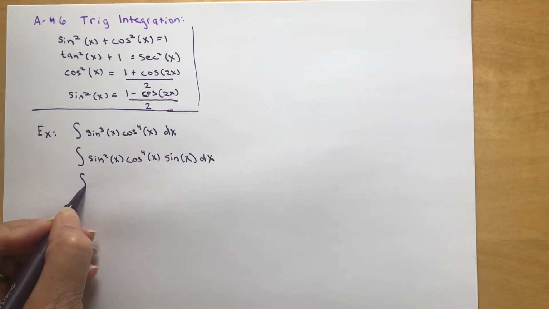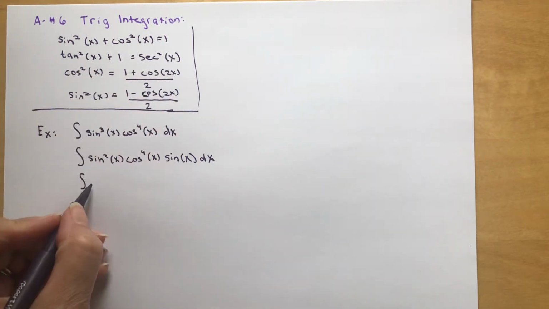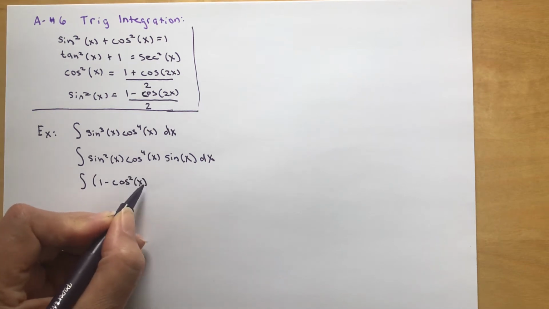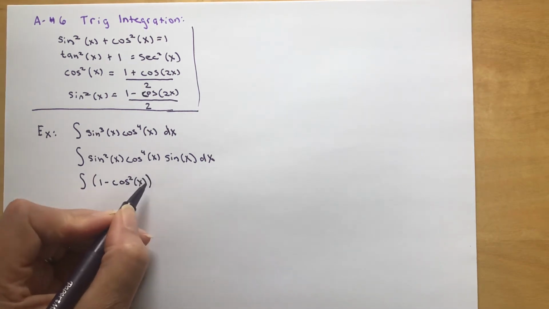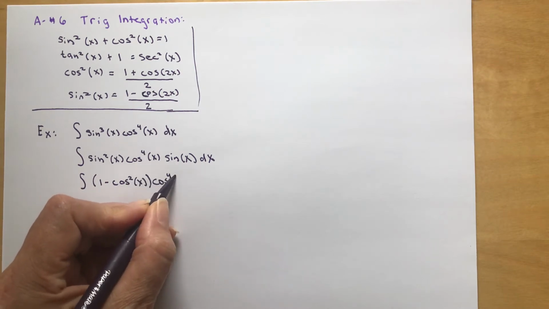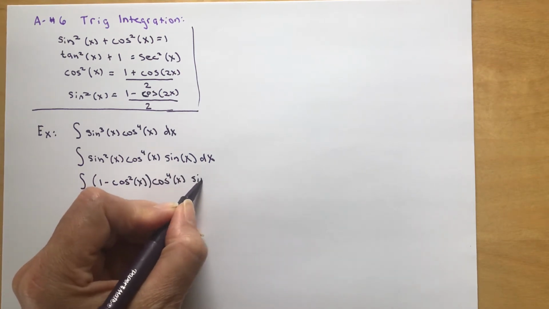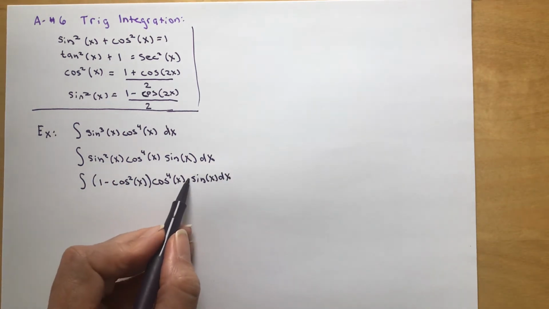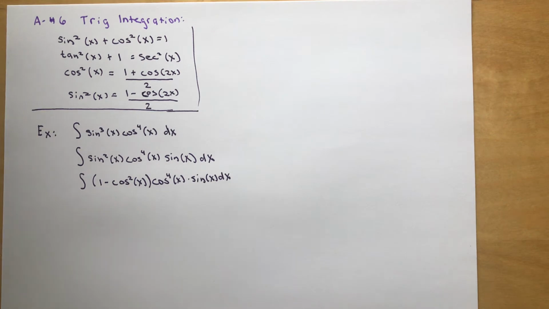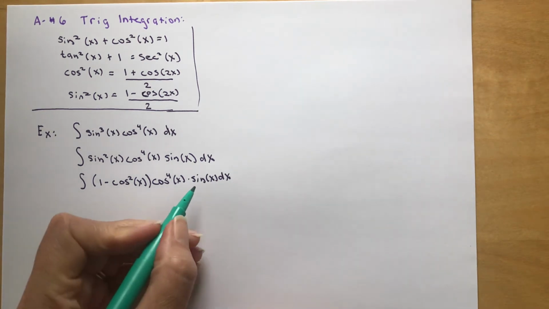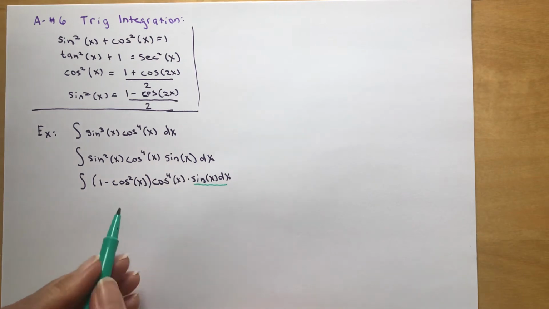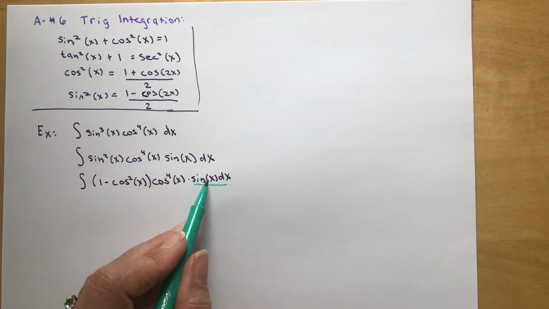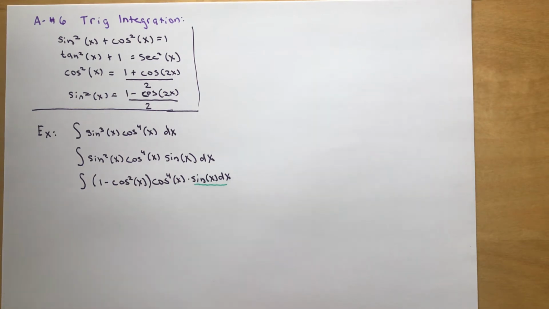And then notice that the sine squared can get replaced with 1 minus cosine squared. And then I've got the cosine to the 4th power, and I've got this extra sine x dx. Well, that ends up being great, because if I let u equal cosine x now, then the du has the sine x in it, and I will be able to solve the integral.